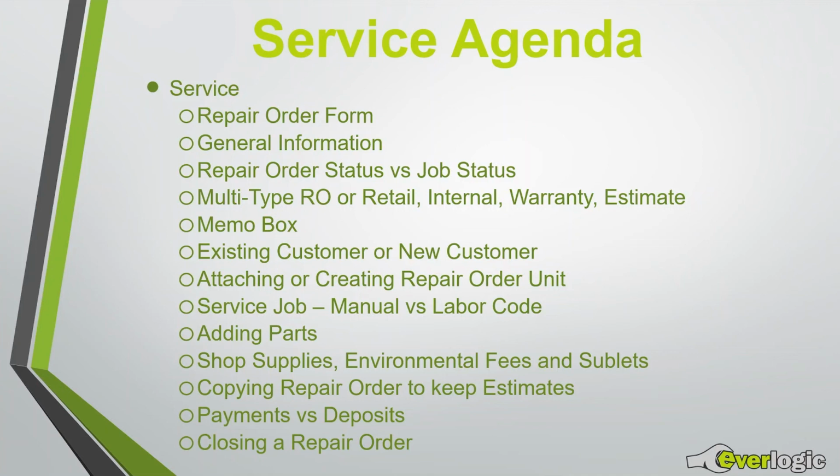Those automatically add the parts, or you can add them on separately when necessary. We talked about the shop supplies and the environmental fees and how you can add on subcontracted work if necessary. We did copying a repair order to keep it as an estimate for later work. We talked about payments versus deposits and closing a repair order.